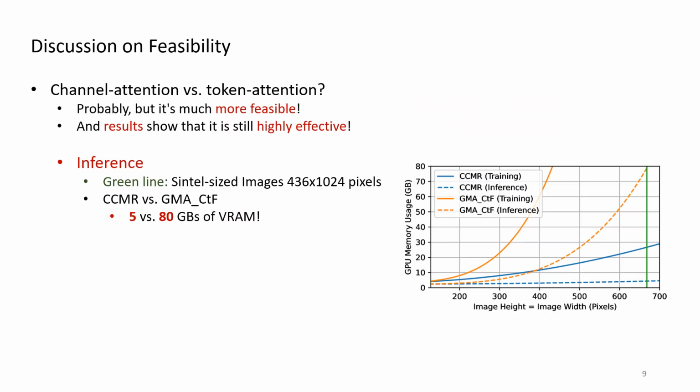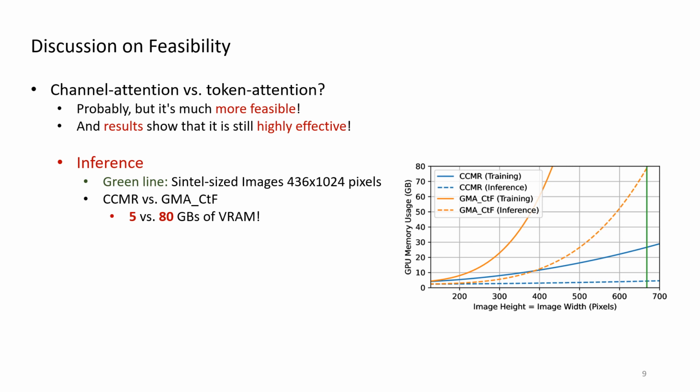Channel attention is not as adaptive as token attention, right? Yeah. But our results show that using channel attention in our case was still very effective, and it is much more feasible. In fact, we extended GMA to multiple scales using its token attention, and it needed an enormous amount of VRAM.